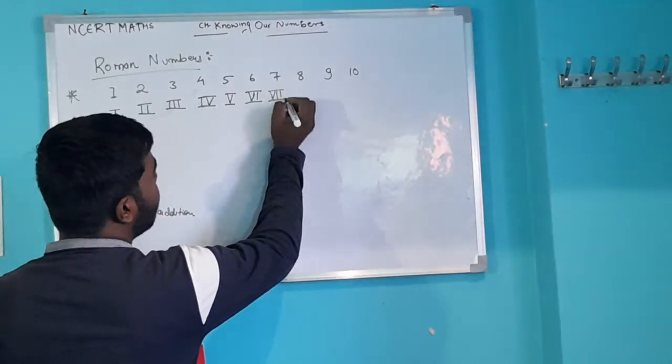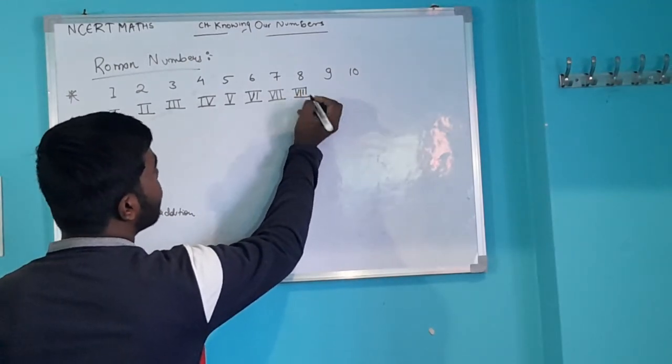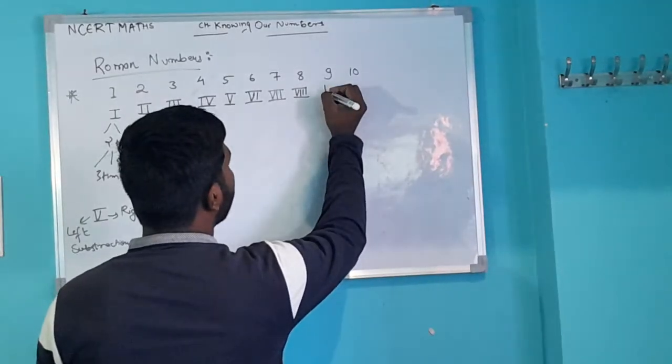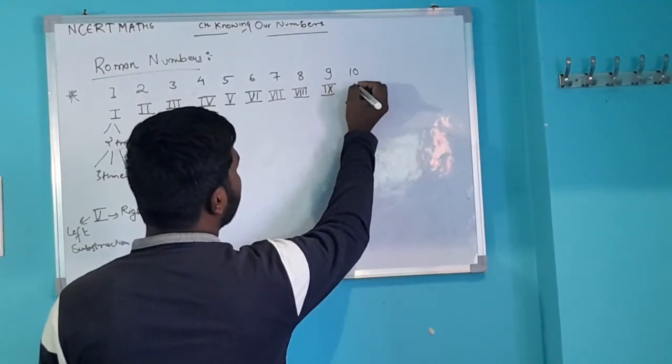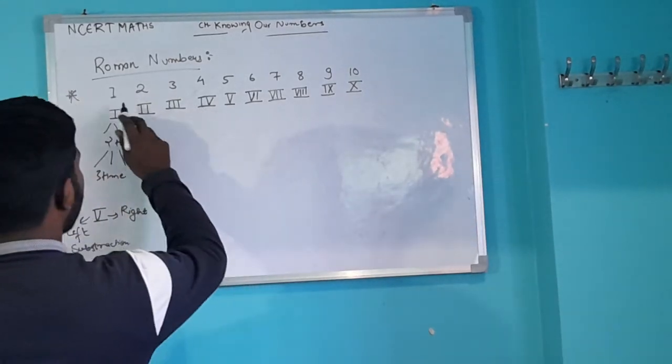For 7 we add 5 to 2 ones, we get 7. For 8 we add this one, and for 9 we subtract from 10. These are the Roman symbols of 1 to 10.